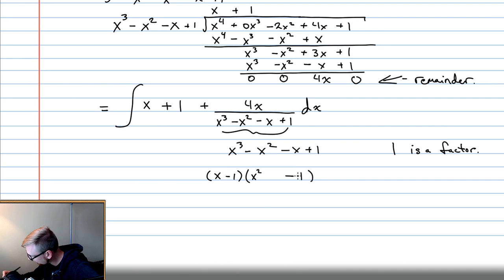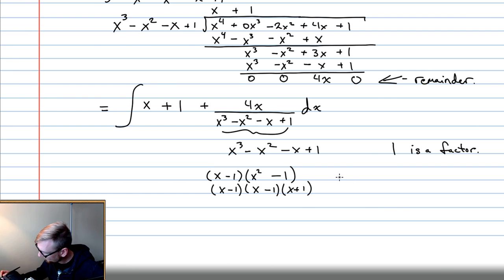X times x squared minus x squared plus 1. There we go. Ah, that was an easy one. Minus 1. Okay. X squared minus 1. Well, that's a difference of squares. We got x minus 1 times x minus 1 times x plus 1. Difference of squares.